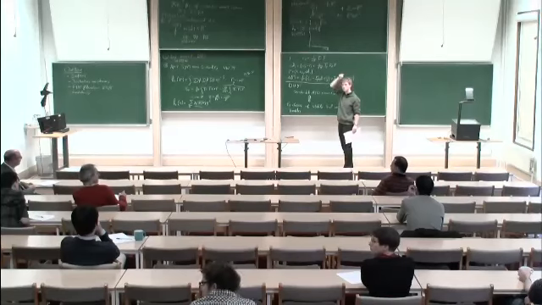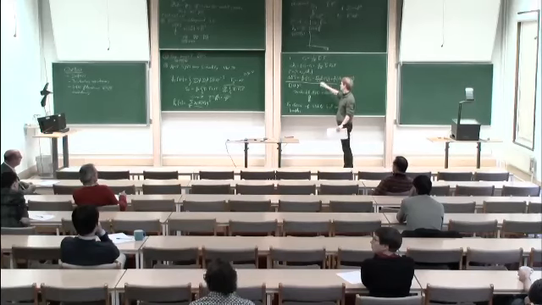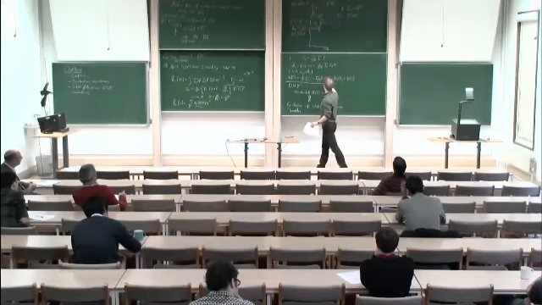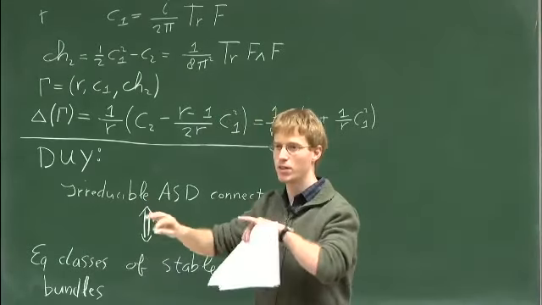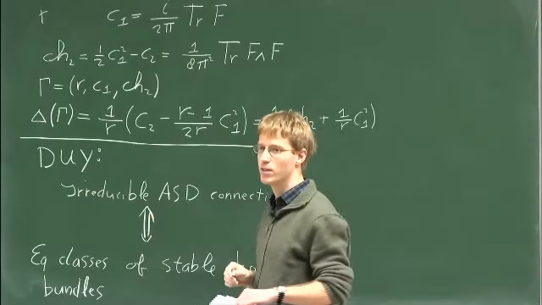It sounds kind of reminiscent of the elliptic transformation of a Jacobi form. Yeah, exactly. Usually I will not sum over the c1s, because that would be the theta function decomposition.